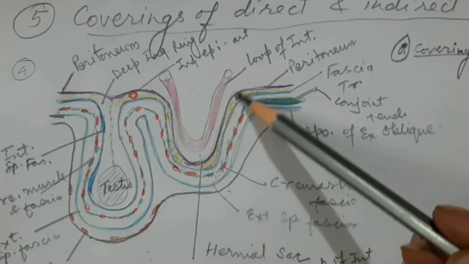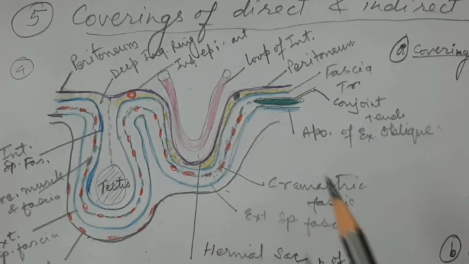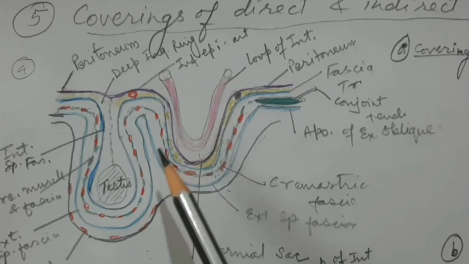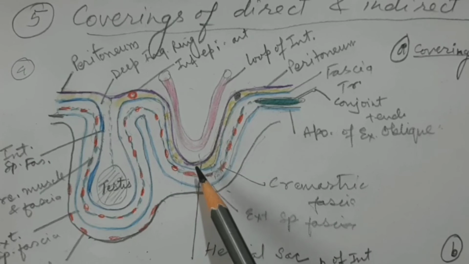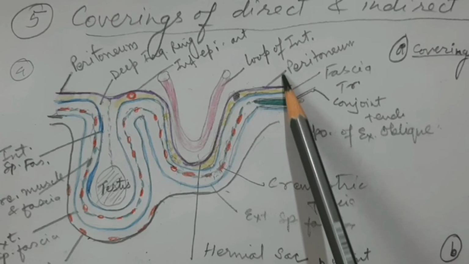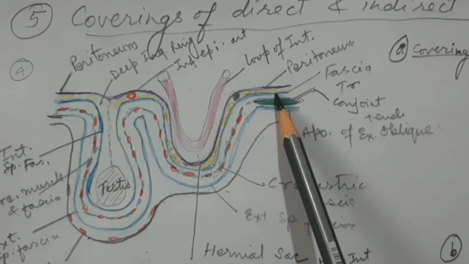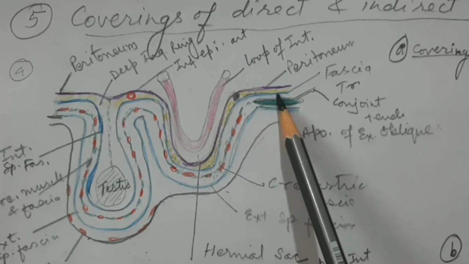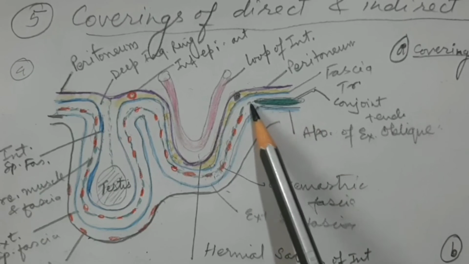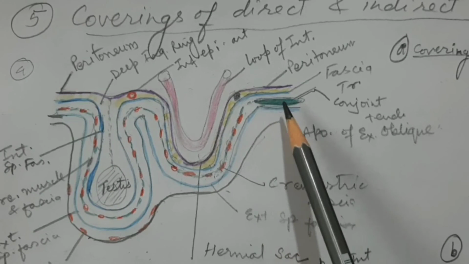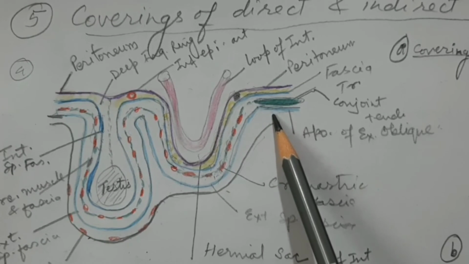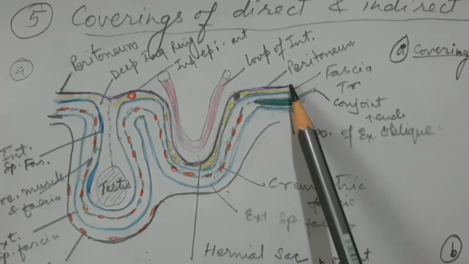So this is the sac pushing its way through the posterior wall in the lateral part, first pushing the fascia. In the medial part this may also occur, which is very rare. Here it will push its way through the fascia transversalis, then the conjoined tendon, and then come out through the superficial inguinal ring.